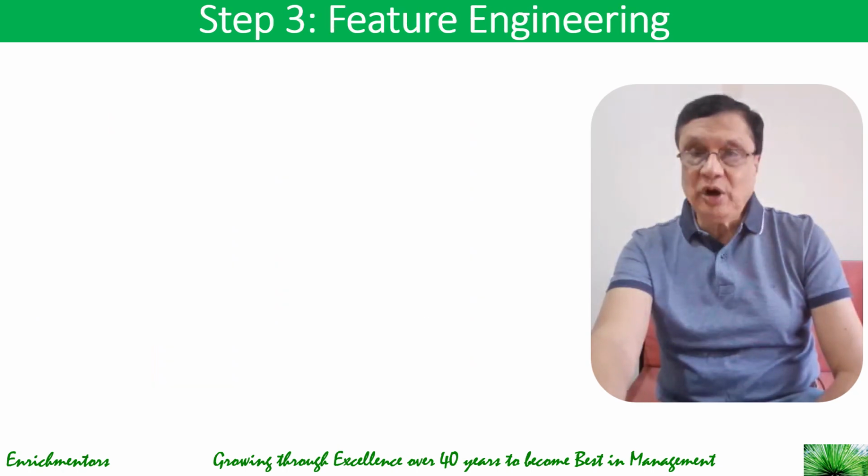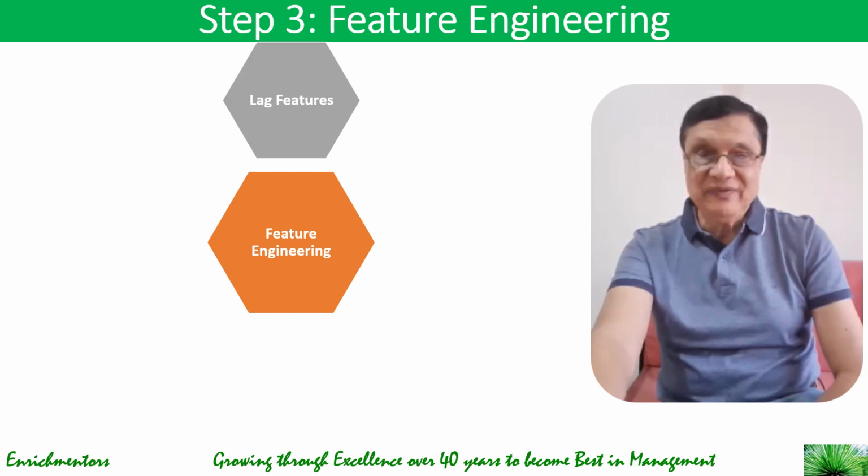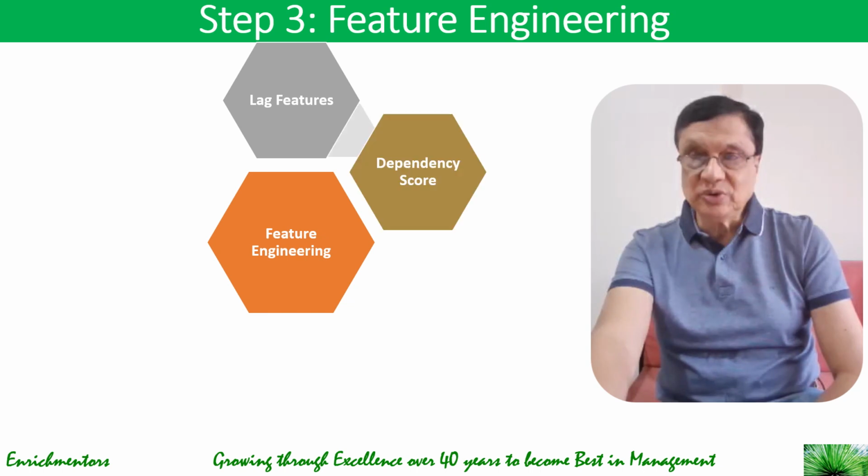Then you transform raw data into meaningful features. And what are the features that you need to create in this feature engineering stage? You have lag features: how many days prior tasks were delayed. Then you have dependency scores: the number and weight of dependent tasks.